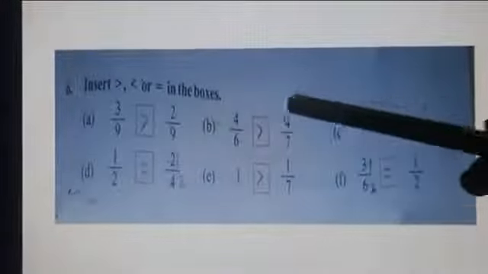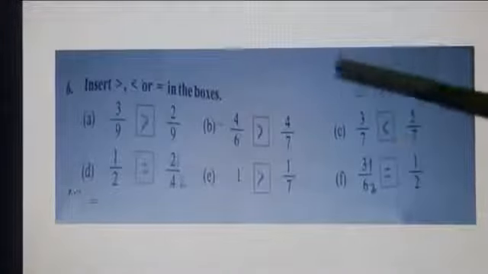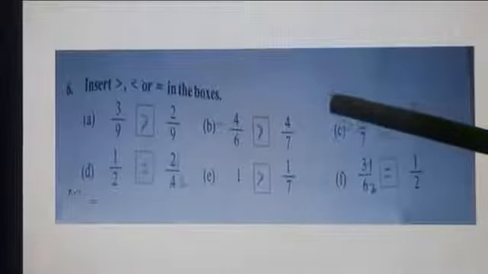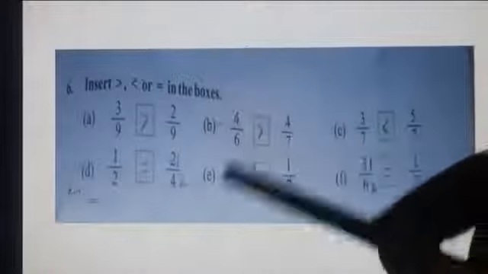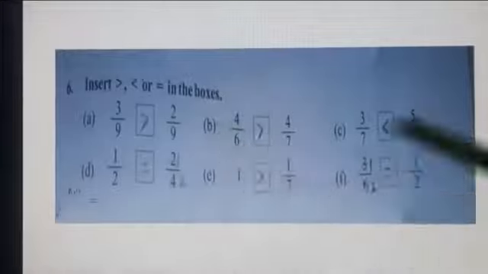Now numerators are same. As the numerators are same, the fractional number whose denominator is smaller will be the greater fraction. So 4 upon 6 is greater because its denominator is 6, the smaller number.